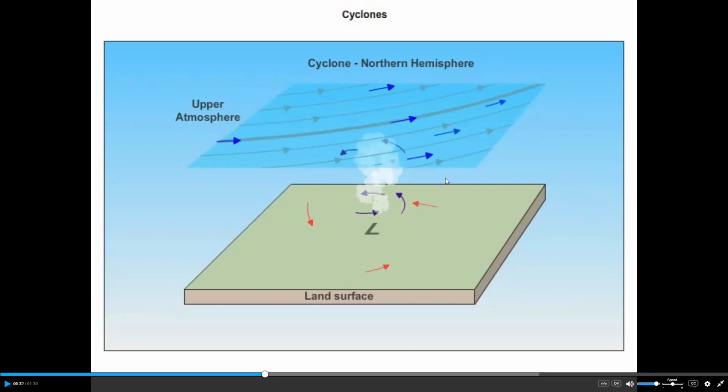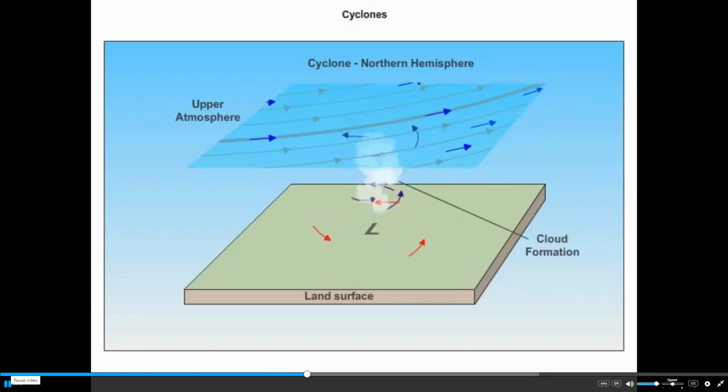Inflow near the surface is going to be encouraged because now it's pulling so much of that air upward. As air rises, it undergoes adiabatic cooling, which may lead to cloud formation. For this reason, cyclones are generally associated with clouds and often precipitation.